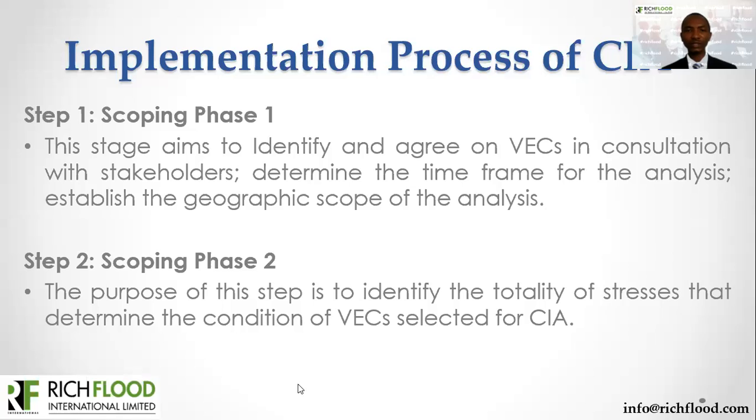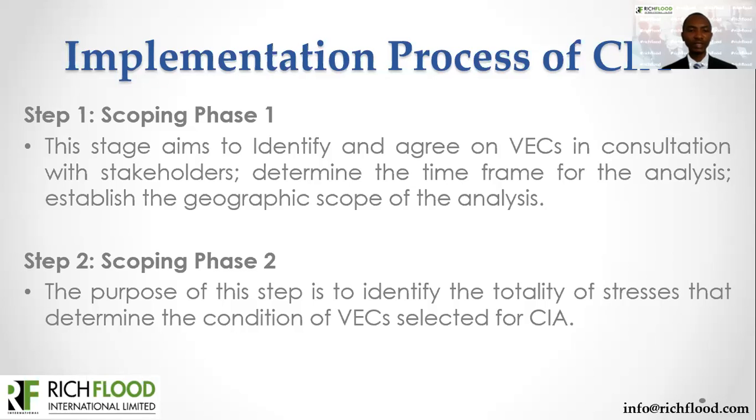Stakeholders are very important, like the community people, the experts that are involved, the NGOs, the governments, the regulatory bodies. All these people have to be consulted in terms of carrying out the scoping of the cumulative impact, in terms of assessing the cumulative impact of a project.